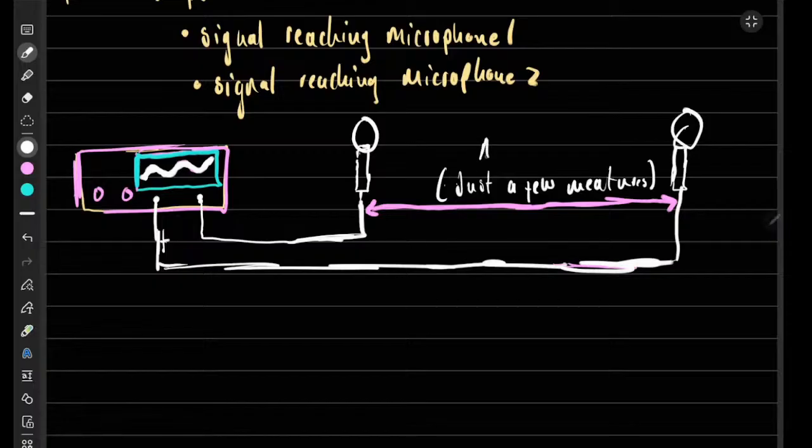So you can say about 2 meters is going to be this separation between them. Okay? So the oscilloscope will tell you the time at which the signal has arrived at the microphone. The moment the signal arrives at the microphone, the oscilloscope will display a signal. Are we together?